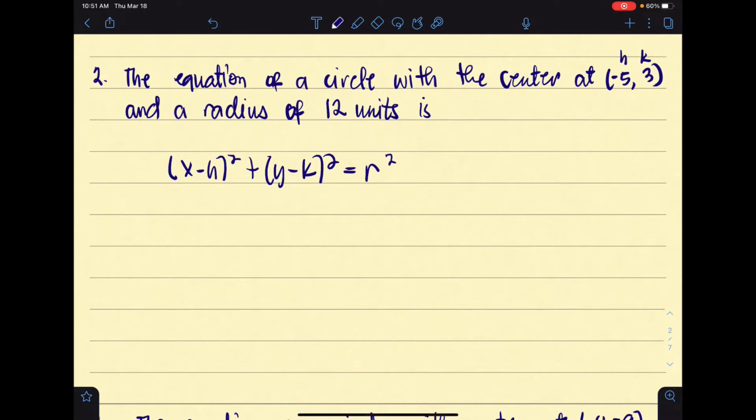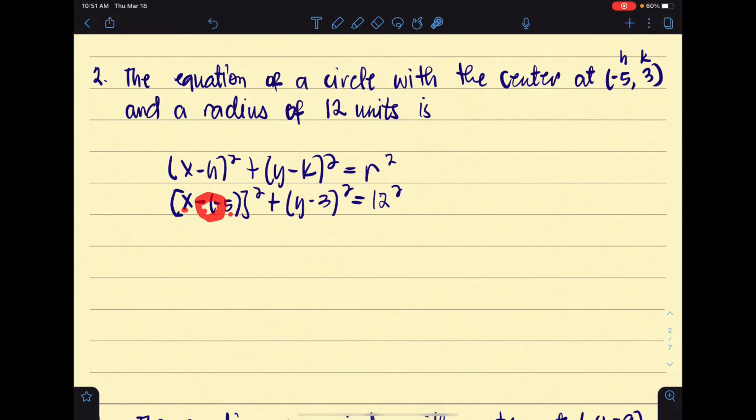Substituting them into our formula, we have x minus negative 5 squared plus y minus 3 squared equals 12 squared, and then simplify. Here we have x minus negative 5, so we have a double negative.